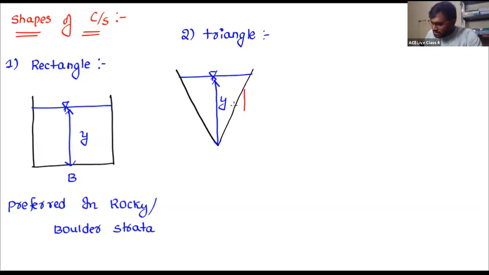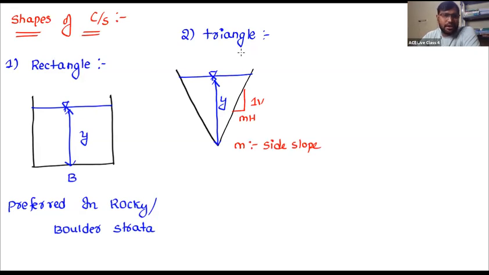Let's take that slope as 1 vertical to m horizontal, where m is the side slope. So the second one is going to be triangle. Sir, where do you see the triangular channels, sir? We observe triangular channels especially in laboratories only. I hope you may have come across the triangular notch.